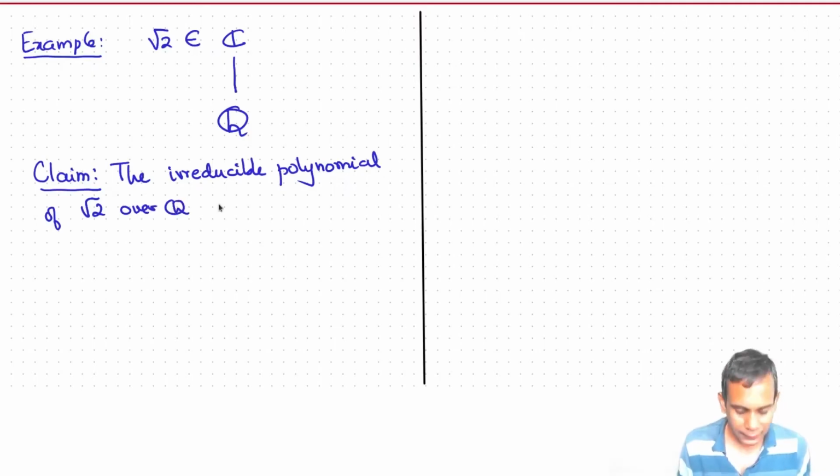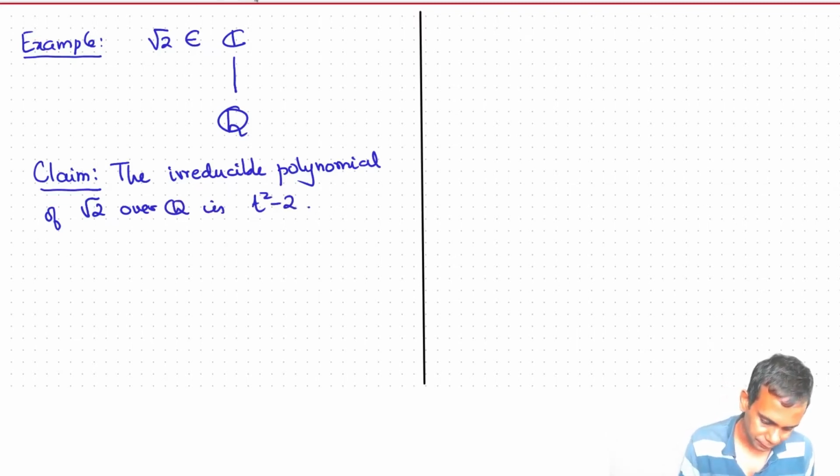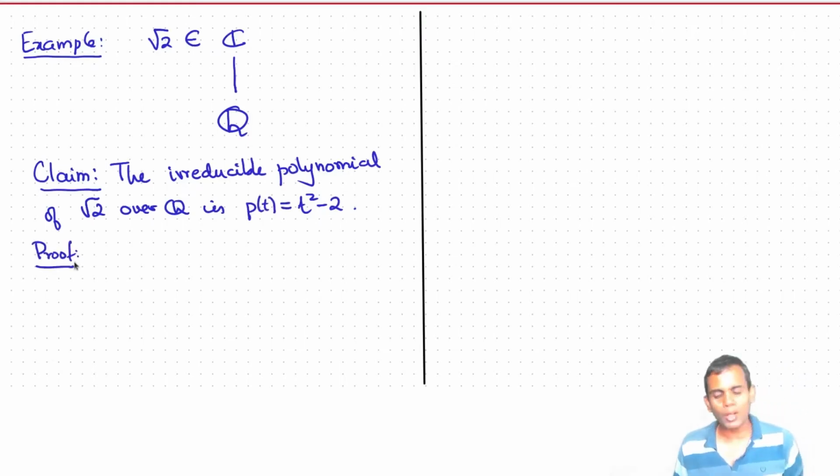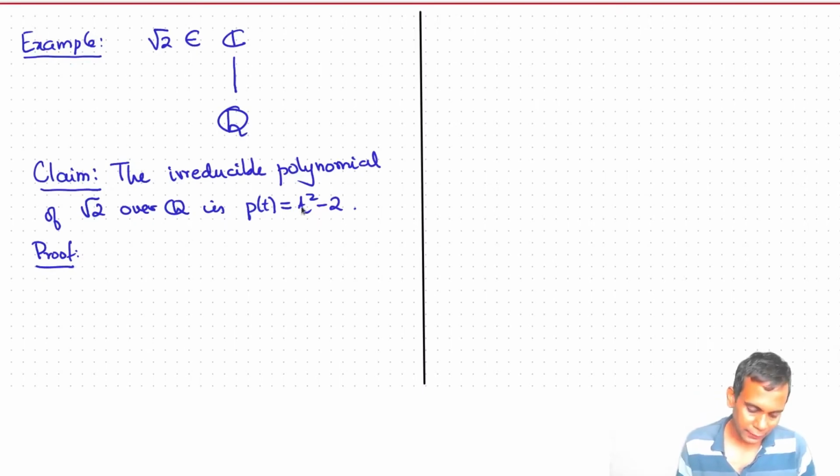Well, you can guess it is actually the polynomial t squared minus 2. Let's call this p(t). Well, how do I prove it? So I need to show that if any polynomial with rational coefficients vanishes at square root of 2, then it is in fact in the ideal generated by t squared minus 2.